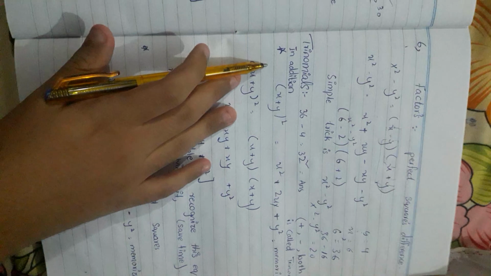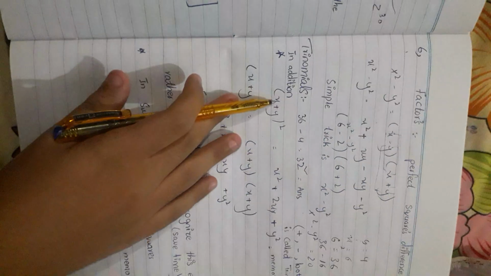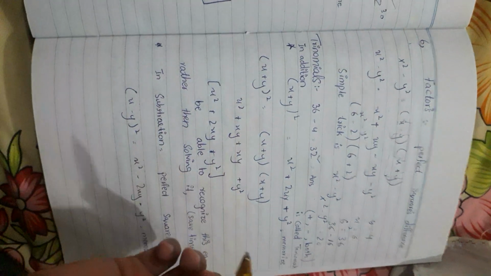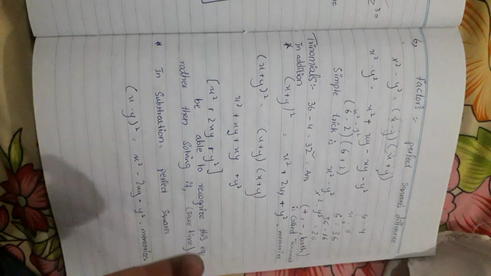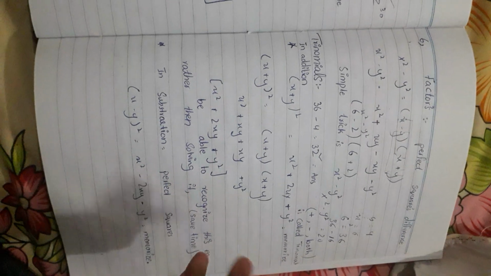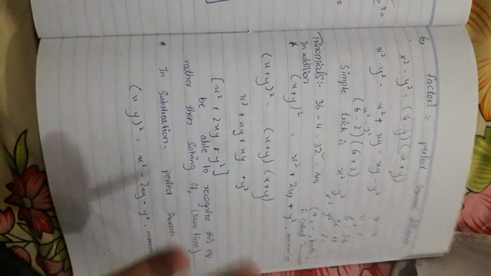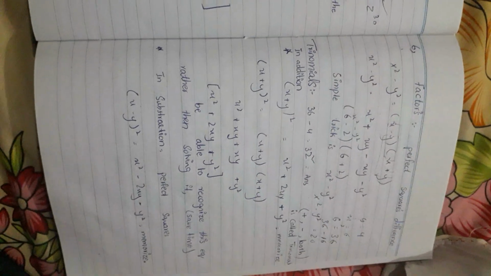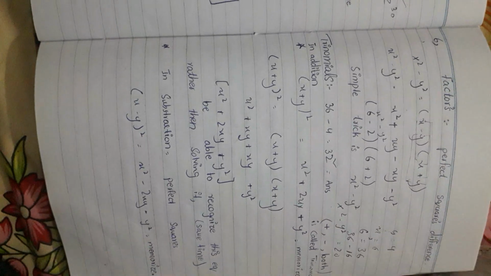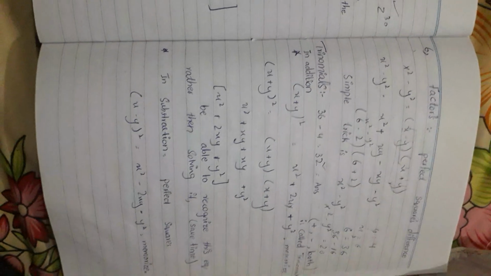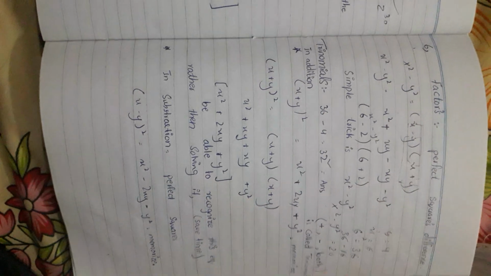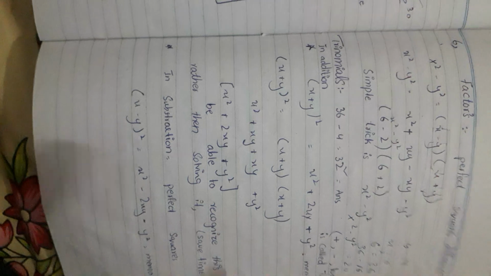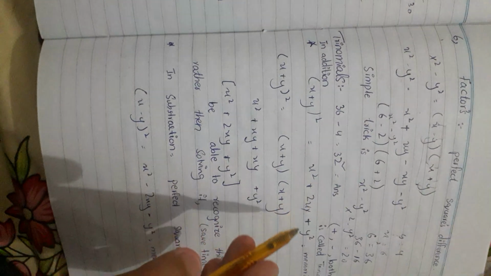Okay, now let's sum up our concept of trinomials as well. What are trinomials? Trinomials are again a recognition of an equation that saves your time, and you could solve it efficiently if you can remember a value that is known as x square plus 2xy plus y square.